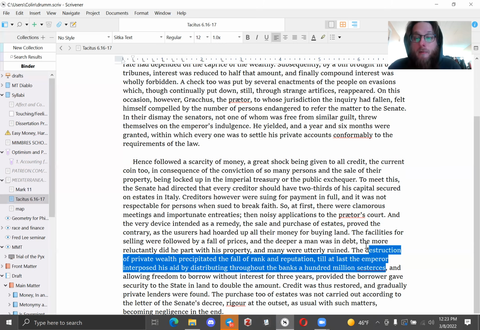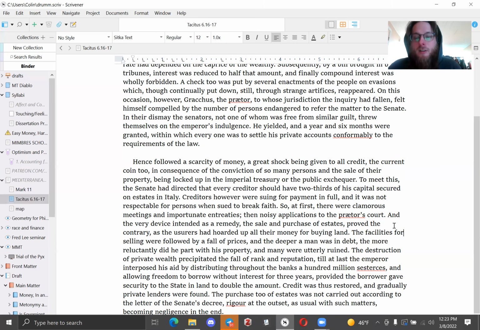This happens in 33, but it's at the end of this crisis that's probably been burning for a few years that is causing essentially debt deflation. So there's a collapse in prices. Money is becoming scarce. This credit crunch in Rome is sucking all of the coins out of the economy, and most importantly, it's sucking the silver coins out of the economy, because that's the safety asset.